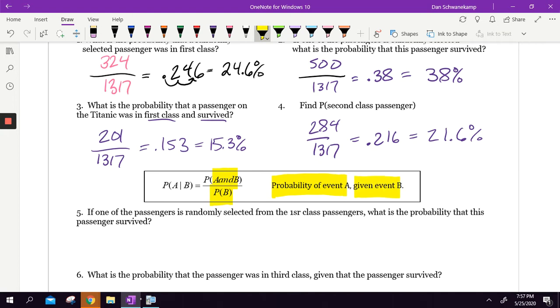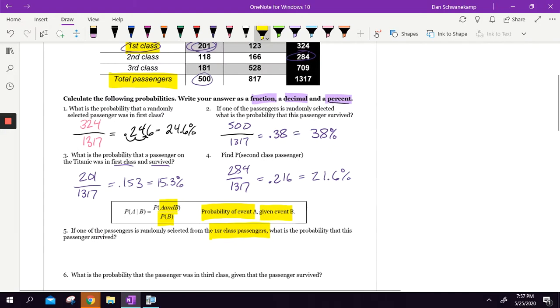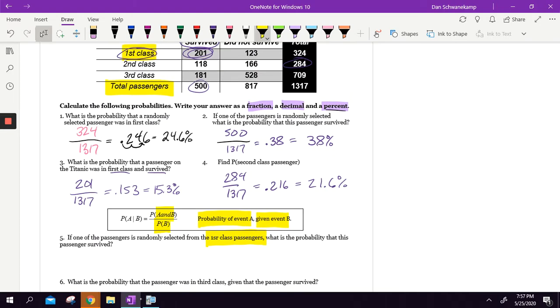If one of the passengers is randomly selected from the first class passengers, so we're not picking from the full group anymore, we're just selecting from the first class passengers. Well, how many first class passengers do we have? That is this number right here, 324. So that now is my bottom number. Given that they're in first class, what is the probability that that passenger survives?